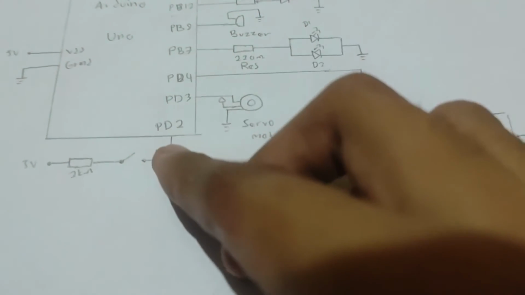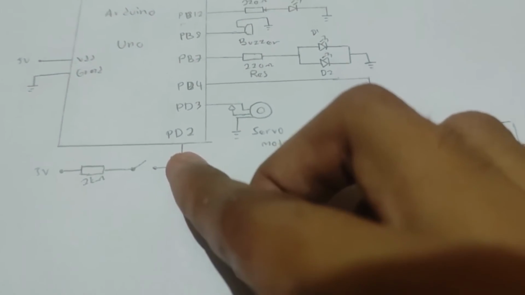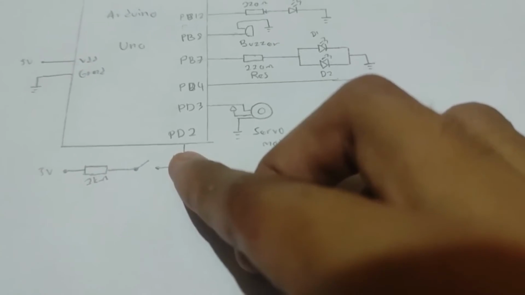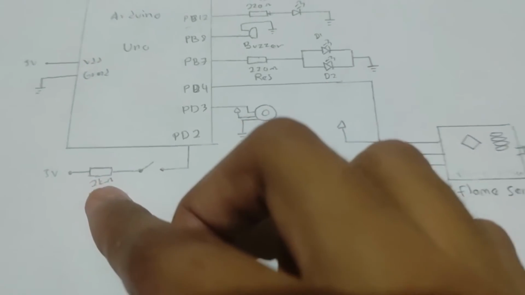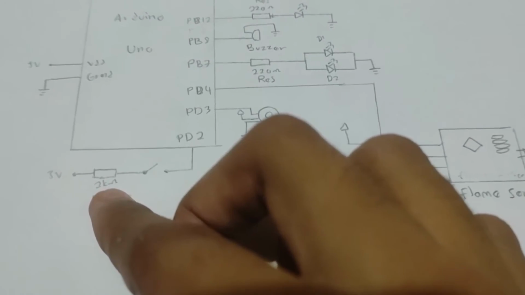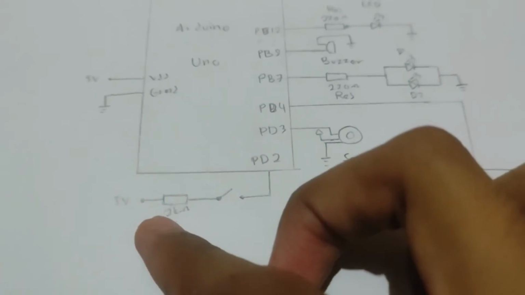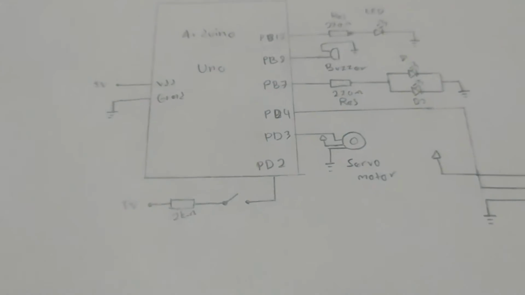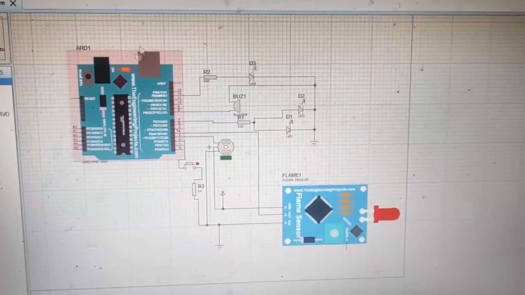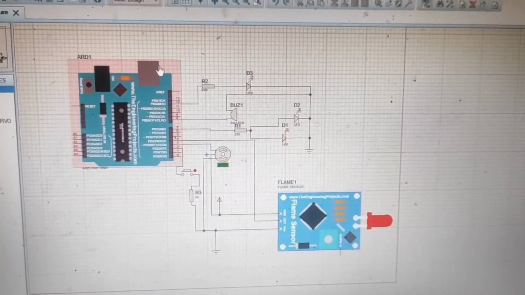For pin number 2, we connected a 2 kilo ohm resistor to the switch and to the 5 volt power source. For the circuit design, we have it in Proteus.